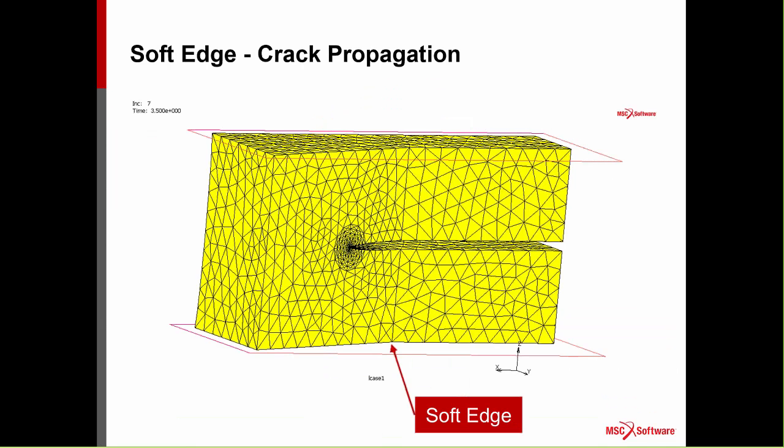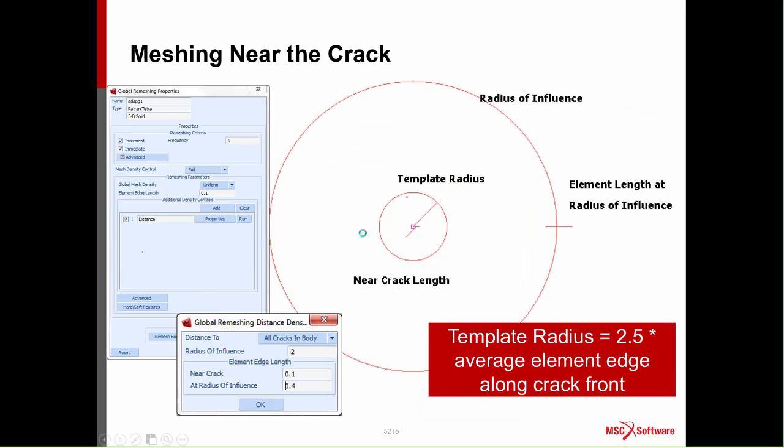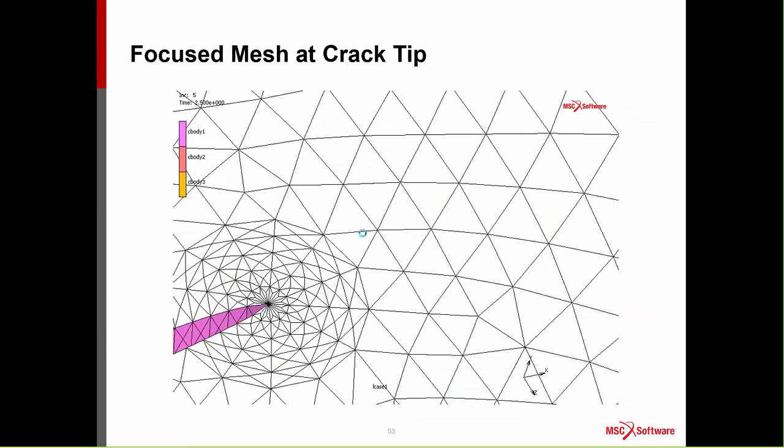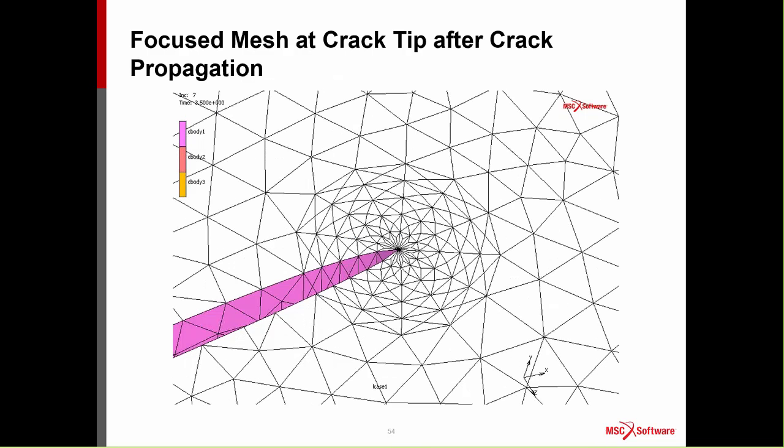What that's going to result in is a nice finite element mesh near the crack tip propagation. And so what you're going to see now with fracture mechanics is a beautiful mesh that's aligned with the crack tip, and as the crack tip propagates, that finite element mesh propagates along with it.